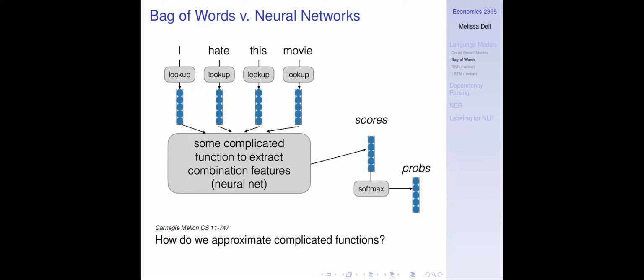If you learn just one thing from this course, it's that you use a neural network to approximate a complicated function, right? So you have a lookup for each word, but then it feeds into this complicated function, and you're going to do dramatically better because now different words, different features that you look up are allowed to interact.